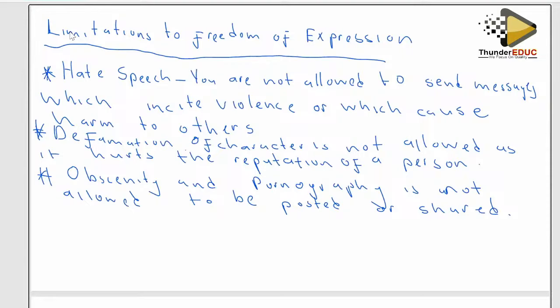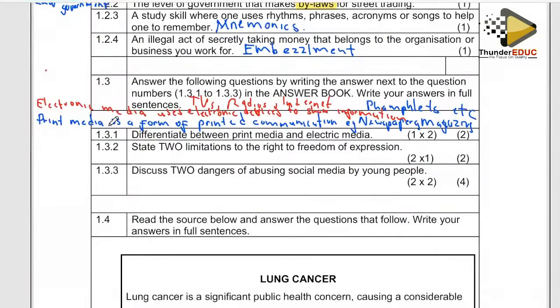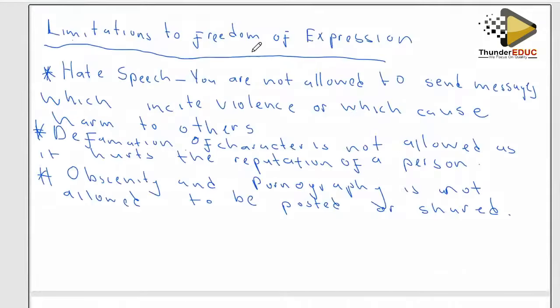So basically, those are the three limitations to freedom of expression. So this answers the question 3.2. State two limitations to the right of freedom of expression. So we have stated this is 3.2.